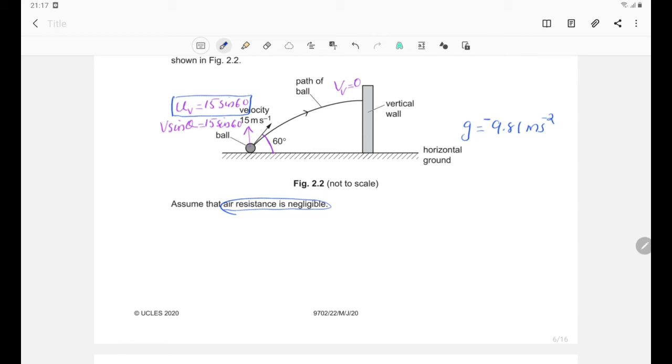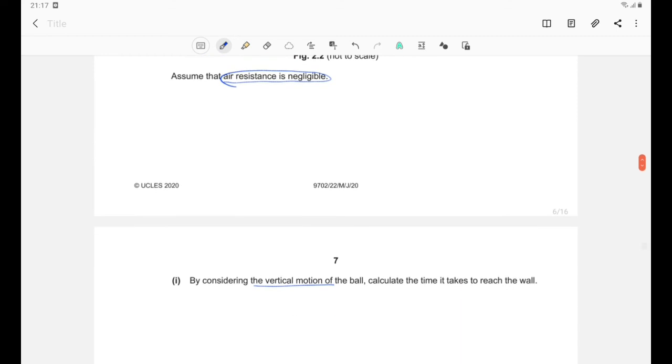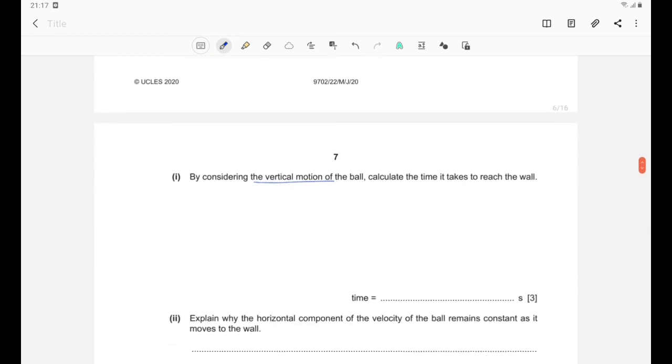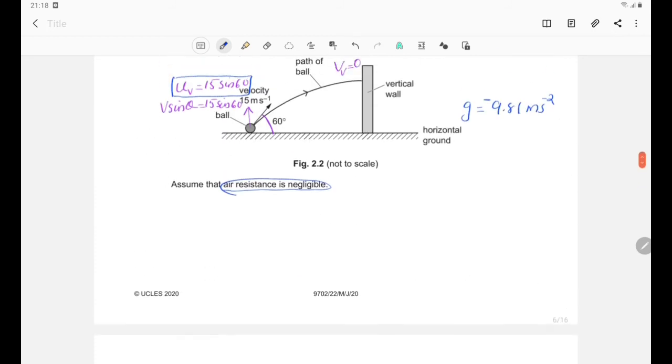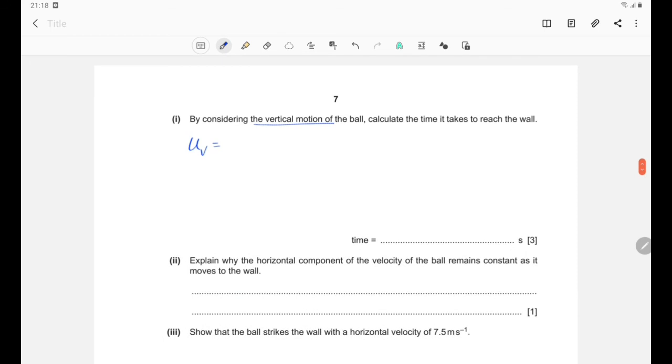And you need to find out time. So you can use any of the SUVAT equations. We have initial and final velocities and acceleration. So you can find out uv as we discussed. It is 15 sine 60. So you will get 13 meters per second.